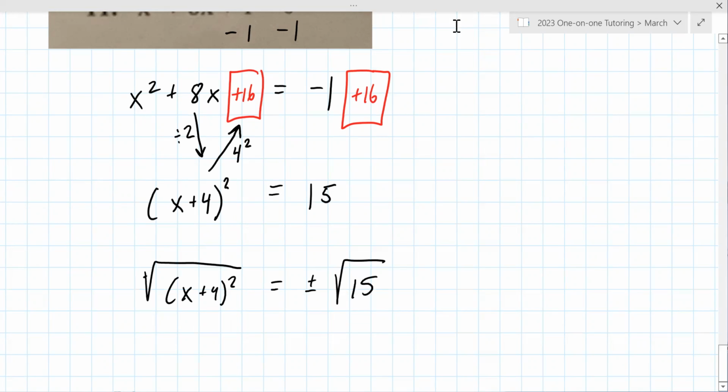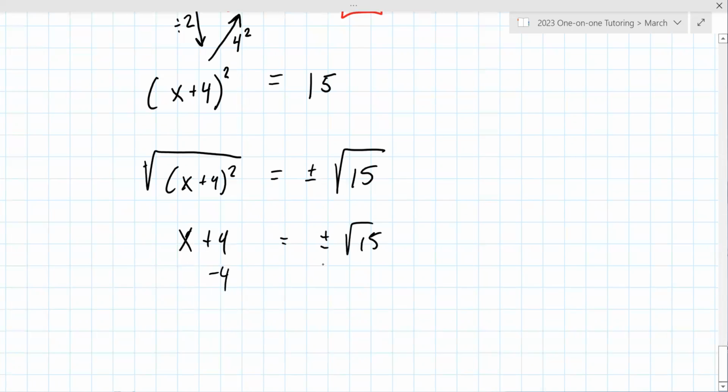Unlike 5, though, the square root of 15 is not known. So we can't reduce it. So we just leave it x plus 4 equals plus or minus the square root of 15. We're almost there. Subtract 4 from both sides. Put that up in front. -4 plus or minus the square root of 15.